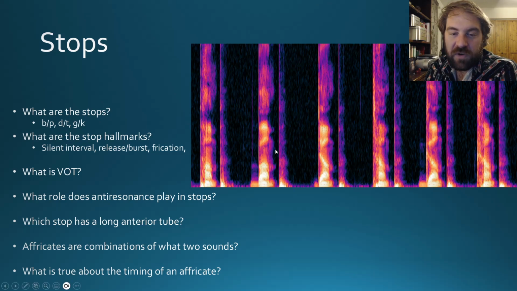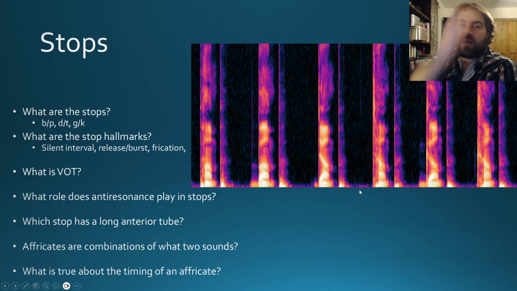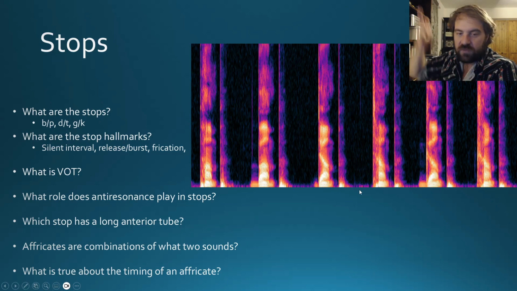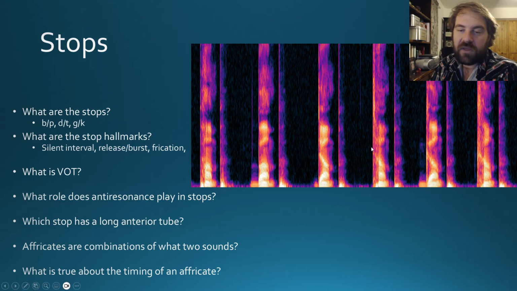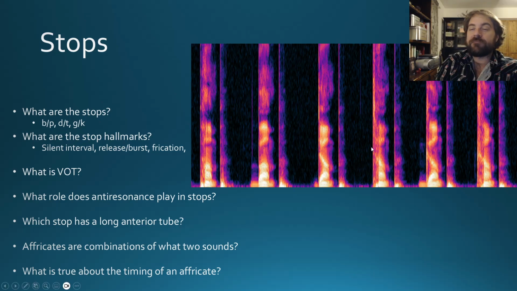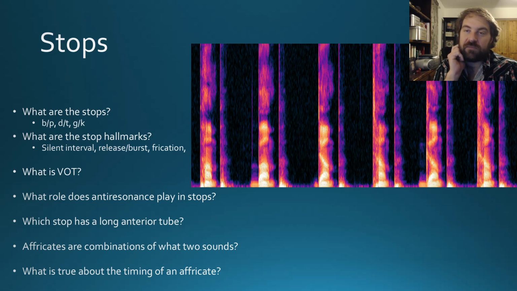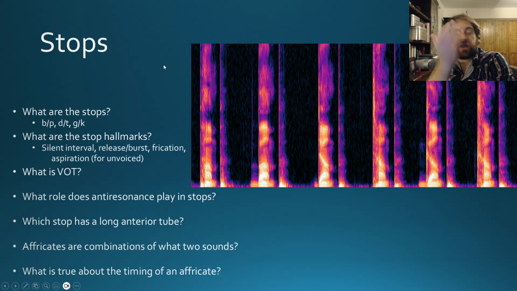So the burst is just where the air is finally released. So you get that nice hard line, whoosh, whoosh, whoosh, for each one. And then the frication interval is going to give you information about which specific phoneme was used. And aspiration, yes.